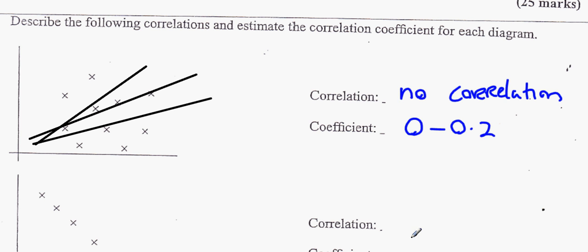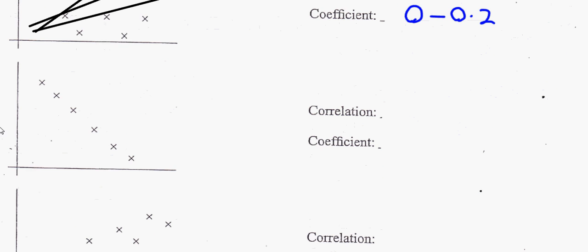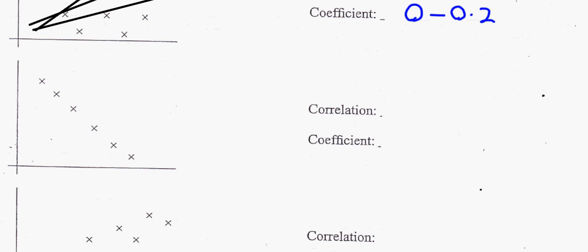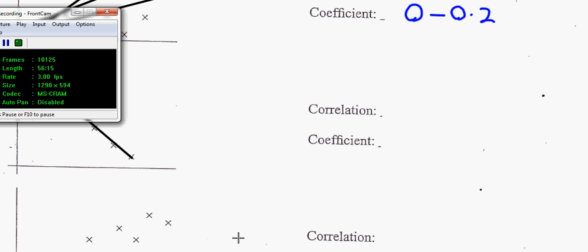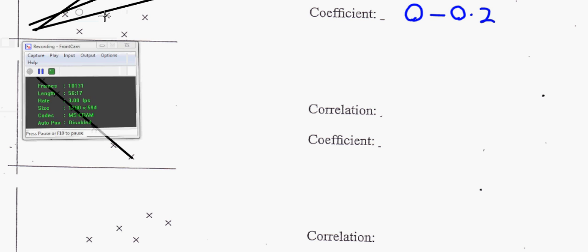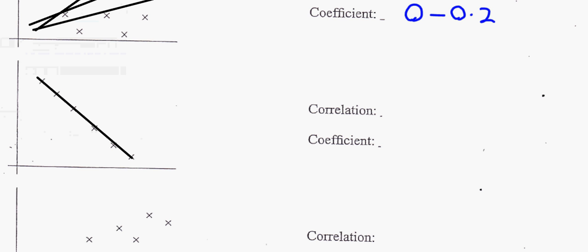Okay, next one we can look at here is correlation here. Okay, so what we have is a negative correlation, I think. Okay, and this is a strong negative correlation.